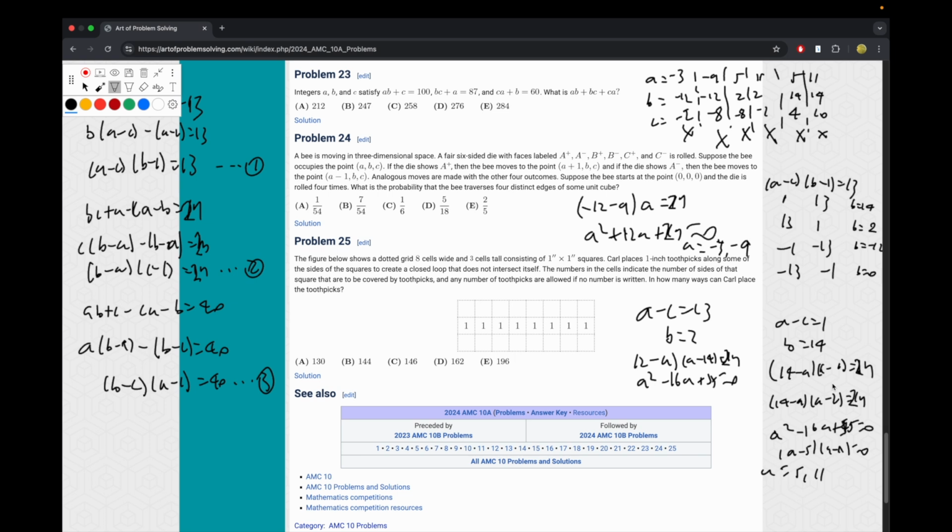So, a is negative 3 or negative 9. And c is equal to a plus 1. I mean, yeah, a plus 1. So they are all correct. There's nothing wrong with our calculation, but what is leading us to our error? Oh wait.